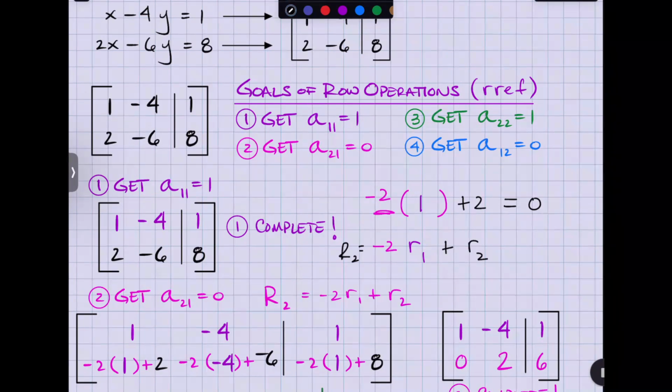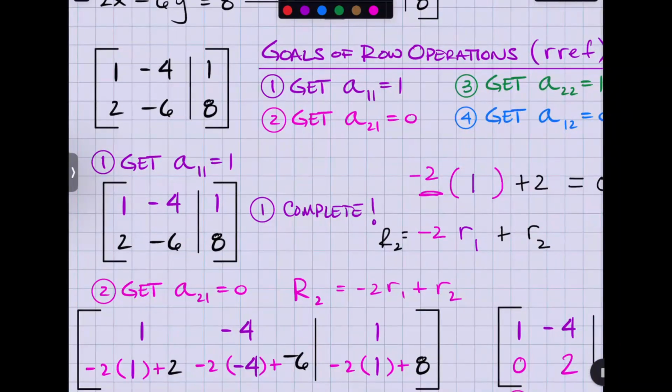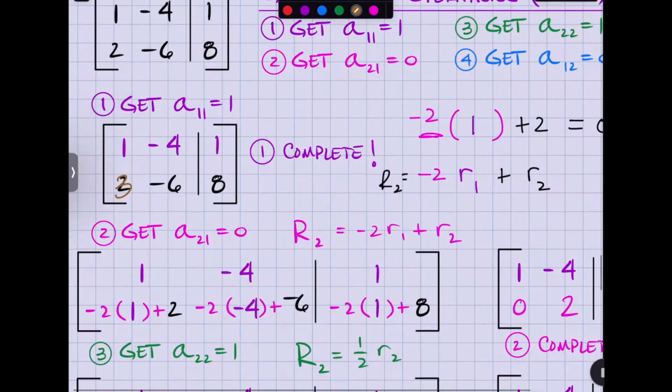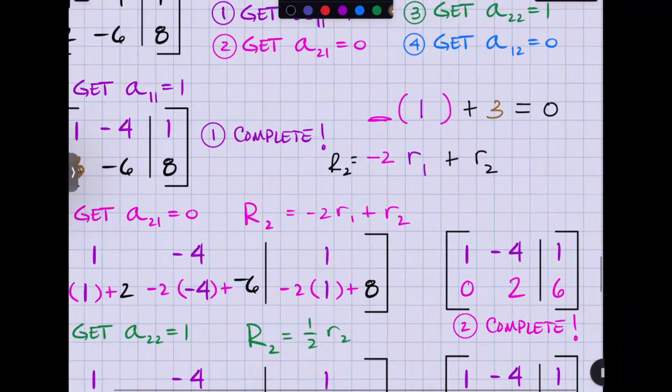Like here, if this was a 3, then again I ask you, what times 1 plus 3 gives you 0? So you go, okay, it's a -3. Where did the 1 come from?